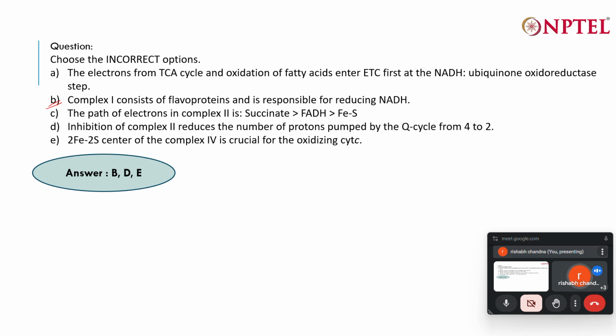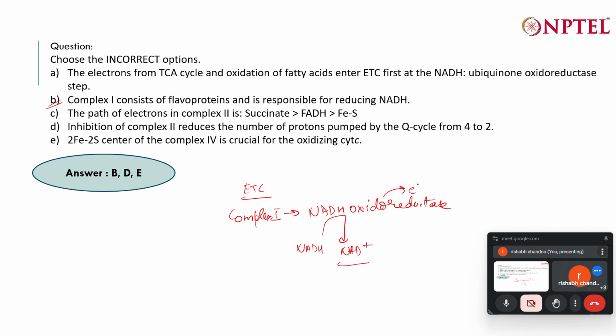The electrons from TCA cycle and oxidation of fatty acids enter ETC first at the NADH ubiquinone oxidoreductase step. So yes, the first step in ETC is complex 1, that is NADH oxidoreductase. So from here, the NADH is actually oxidized to NAD plus and the flow of electrons takes place.